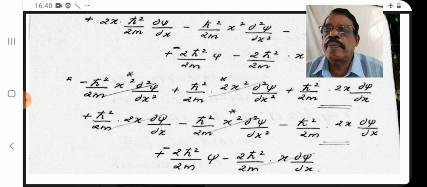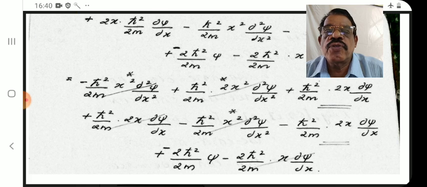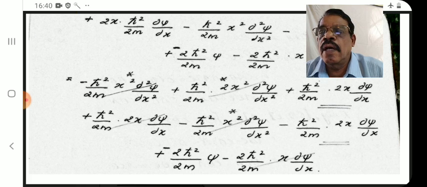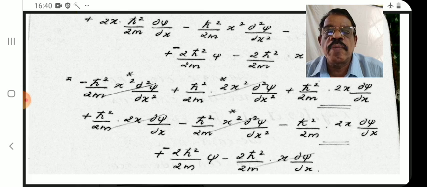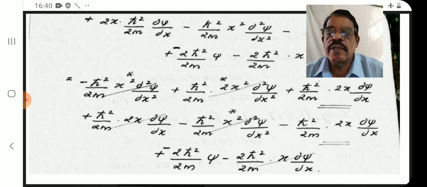Second equal sign step I am reading. Minus ħ²/2m x² ∂²ψ/∂x² plus ħ²/2m 2x² ∂²ψ/∂x² plus ħ²/2m 2x ∂ψ/∂x plus ħ²/2m 2x ∂ψ/∂x minus ħ²/2m x² ∂²ψ/∂x² minus ħ²/2m 2x ∂ψ/∂x minus 2ħ²/2m ψ minus 2ħ²/2m x ∂ψ/∂x.